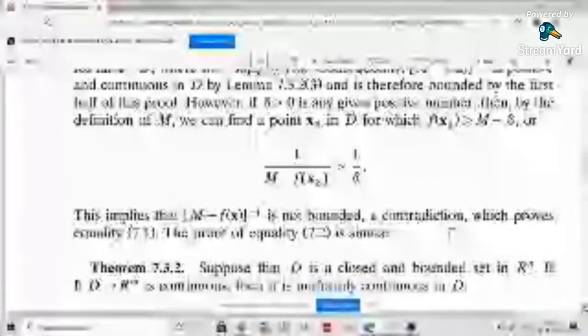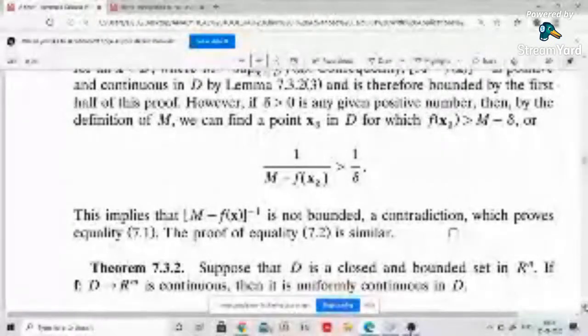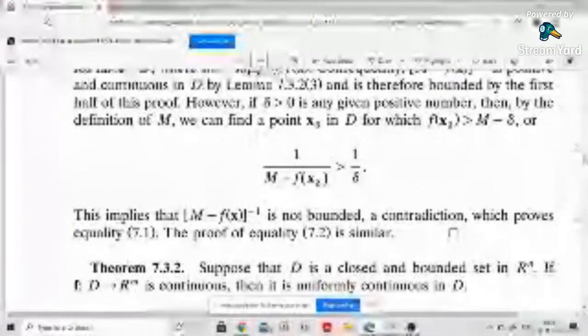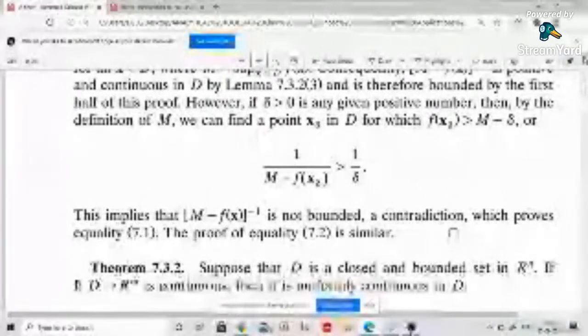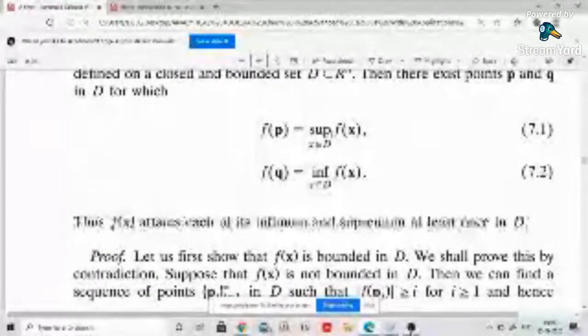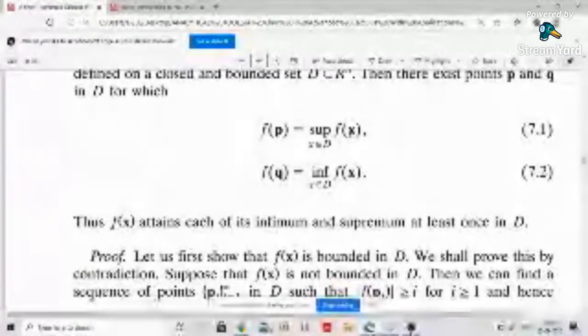So it is a contradiction. So what will be the reason of this contradiction? Our assumption must be wrong. So what is our assumption? Our assumption is that f of p is greater than supremum of f of x, or f of p is less than supremum of f of x. We are not assuming that f of p equals supremum of f of x; we are assuming that f of p is not equal to supremum of f of x.